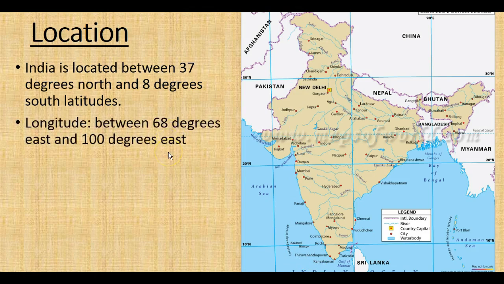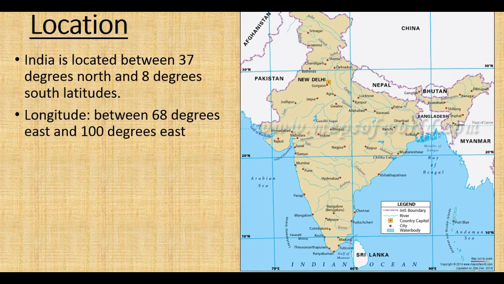The longitude with absolute location, you can say that India is located between 68 degrees east. Okay, so let me move this slightly. See, 70 degrees east. Okay, so we go just a bit farther, 68 degrees east and 100.